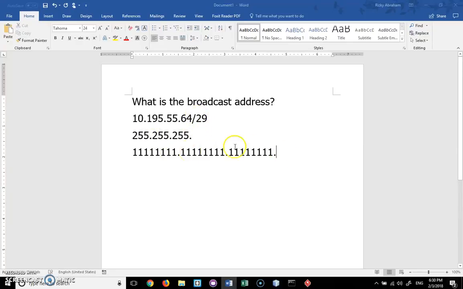So we have 24 bits out of 32, because there's 8, 8, 8, and 8, so 32. And then we have 24, so we need 5 more bits right here.